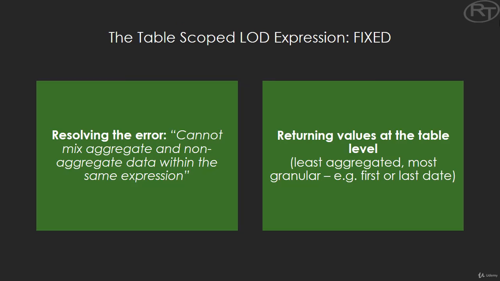The last general scenario I want to mention here is to use an LOD expression to resolve the error message "cannot mix aggregate and non-aggregate values." The fixed expression is an ideal tool for that, because that one evaluates the aggregation at the row level, therefore it can be used alongside with row level expressions.